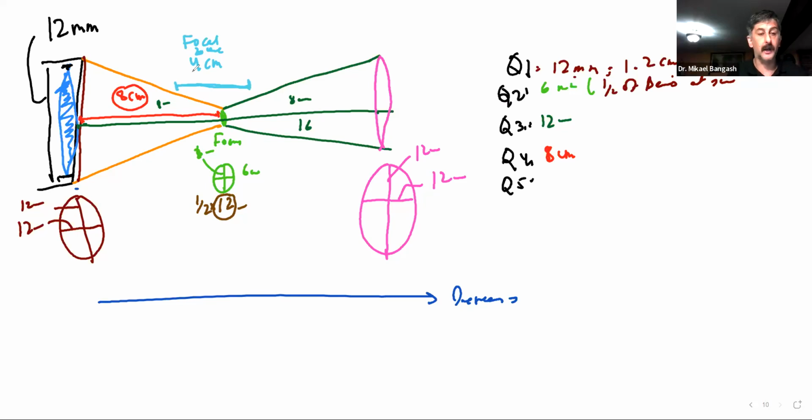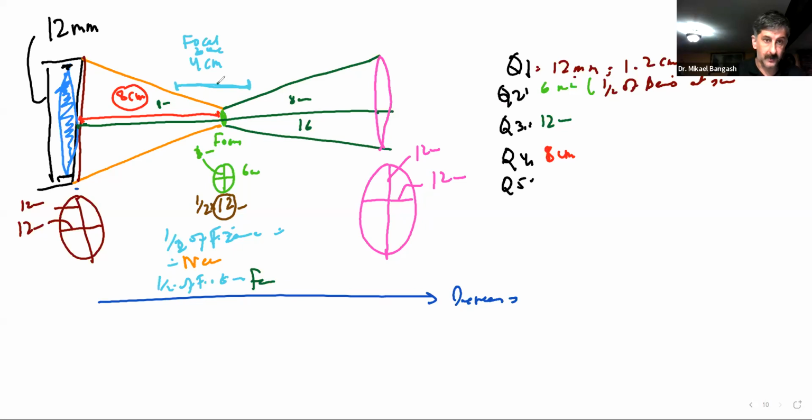Now earlier, when we talked about focal zone, what did I say? Half a focal zone is in the near zone, and the other half of the focal zone is in the far zone.